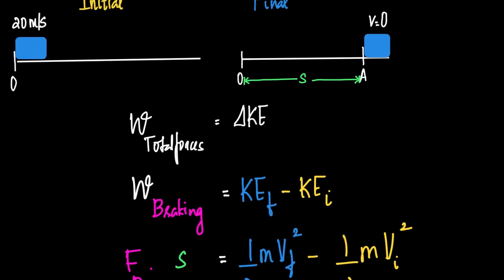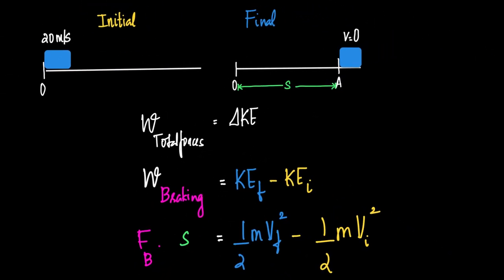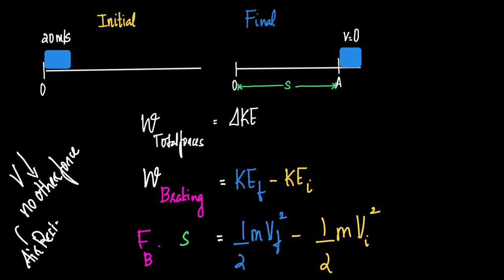Now, in this case, we have work done by total forces is equal to change in kinetic energy. We assume that for this braking, for this velocity to come down, no other force is acting in the picture, which means there is negligible air resistance and negligible friction.